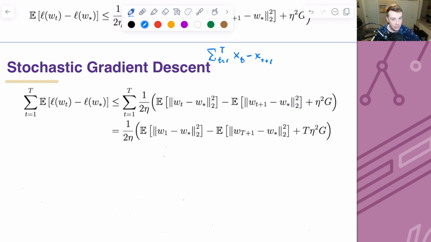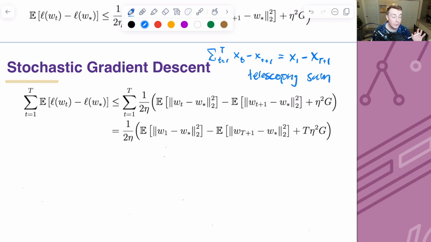On the next iteration, t is 2, so we add on x_2 minus x_3. But note, on the previous term we subtracted x_2, and on the next term we add x_2, so they cancel out. So this ends up being just x_1 minus x_{T+1}. This is what we call a telescoping sum.